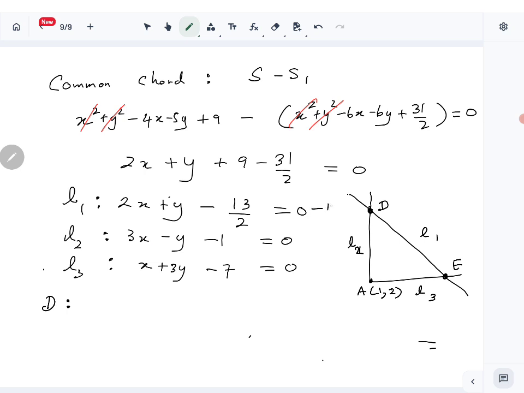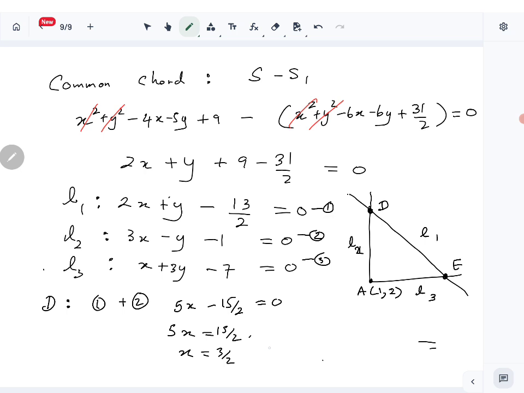Equation 1 plus equation 2 will cancel out y, so you get 5x minus 15 over 2 equals 0. So 5x equals 15 over 2, or x equals 3 over 2.